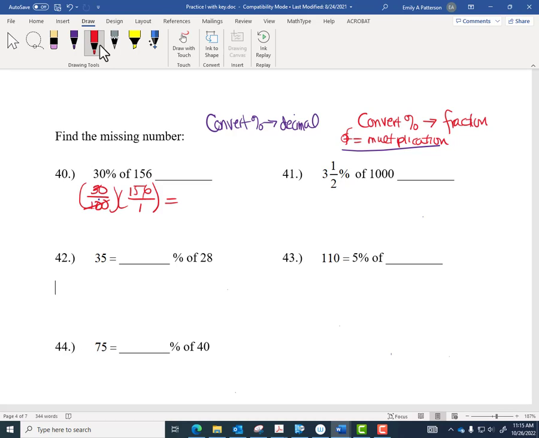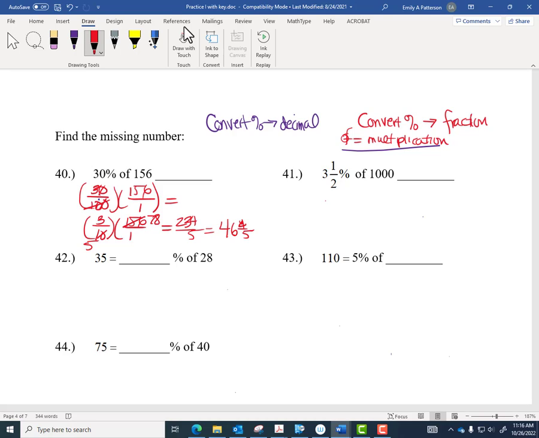Sorry, the 30 over 100, I now have 3 over 10. And this is now 156 over 1. So 2 will go in here 5 times. 2 will go in here 78 times. When you multiply this through, you get 234 over 5, or as an improper fraction, that's 46 4/5.